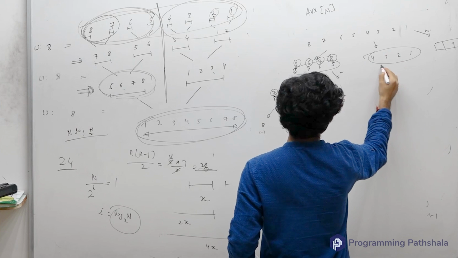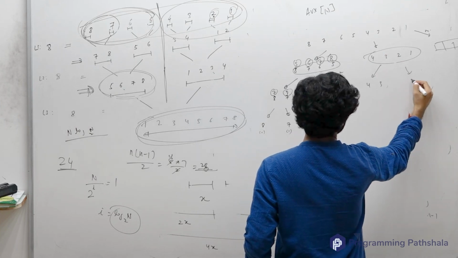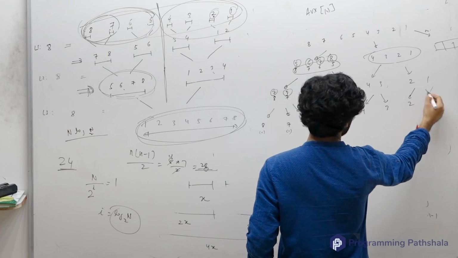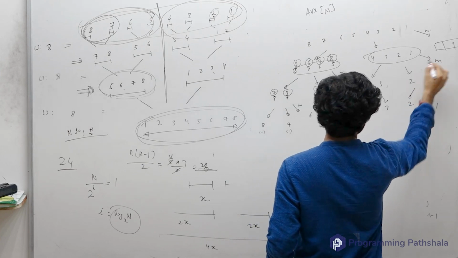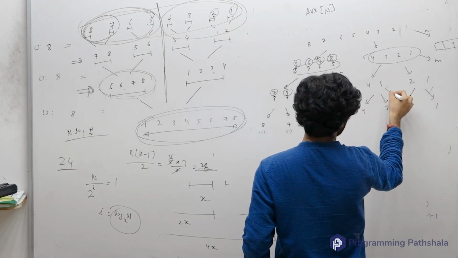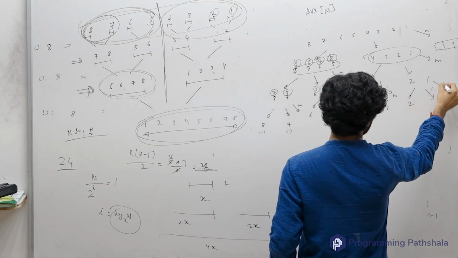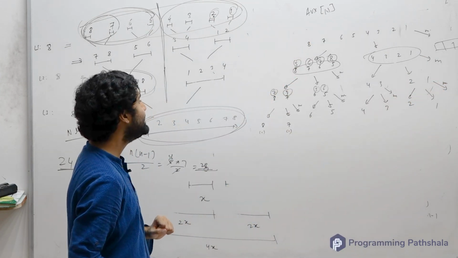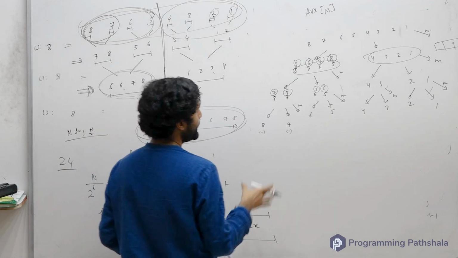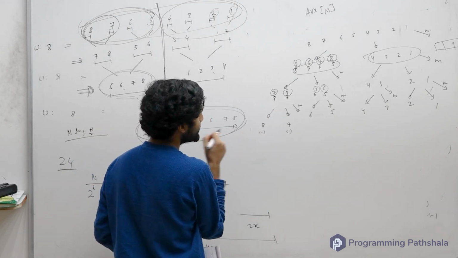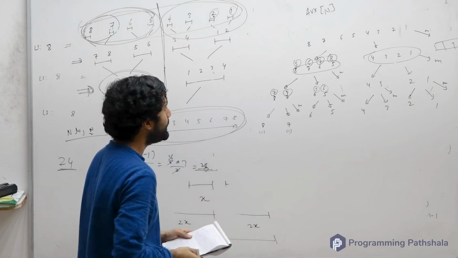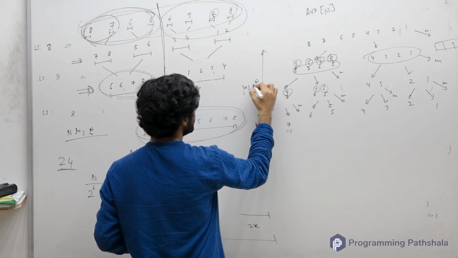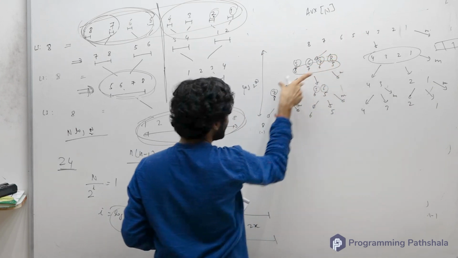So this gets broken into 4, 3, 2, 1, 4, 3, 2, 1. Then merge here after this merge, and here after this merge. Even in this case, the number of levels is again log of n base 2, because the size is decreasing by half every time.